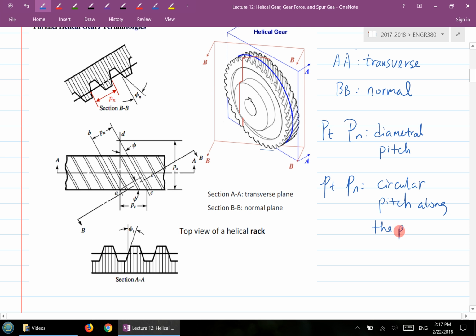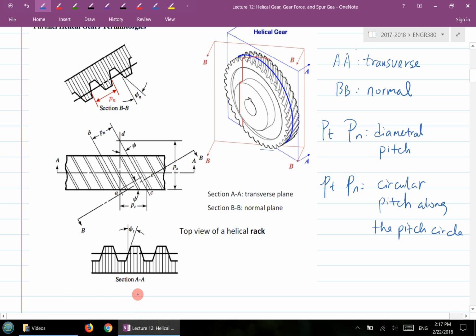For a spur gear you have just one set of numbers, but for a helical gear you get two sets. If you look at this BB plane, from one side of a tooth along the pitch circle to the same point on the adjacent tooth, you get the circular pitch. Same thing in the AA plane.